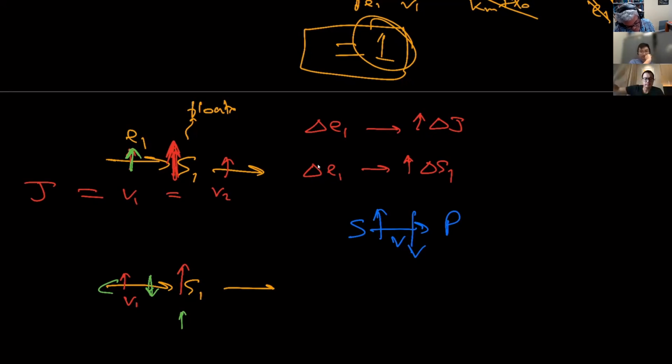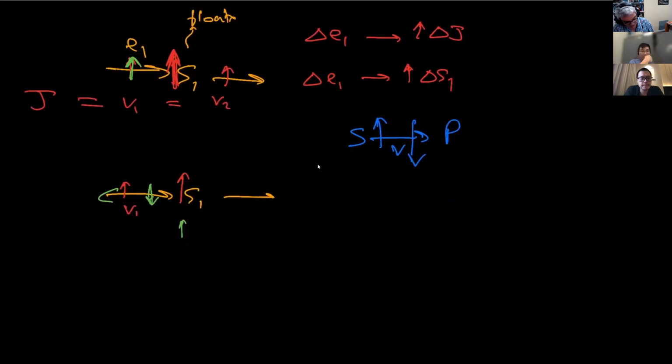So let's go through the sequence, shall we? Delta E1 goes up. This results in delta S1 going up. Actually, this also results in delta J going up.